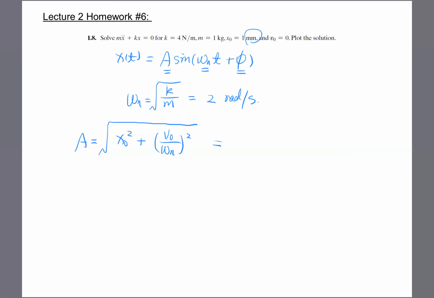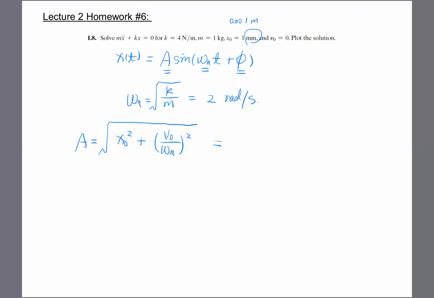The initial position is given as 1 millimeter, but in order to keep your units consistent, I think the best idea is to convert it into meters. It's going to be 0.001 meter.